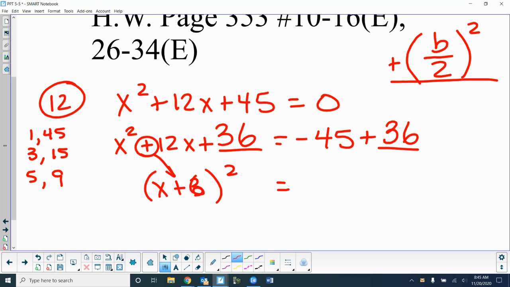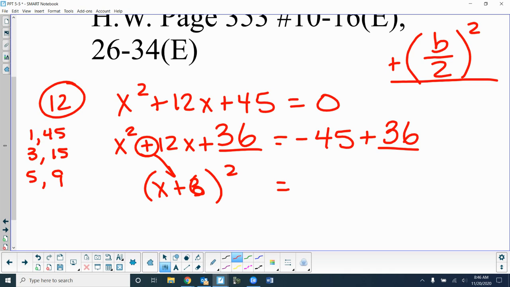So what's the other side, Kennedy? Yeah, add them. Come on. What's it equal? Close. Don't listen to John. The negative 45 plus 36.